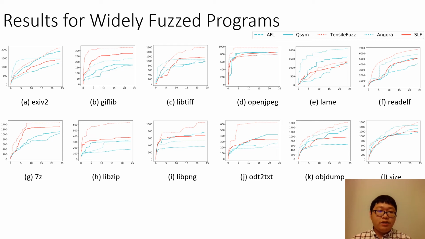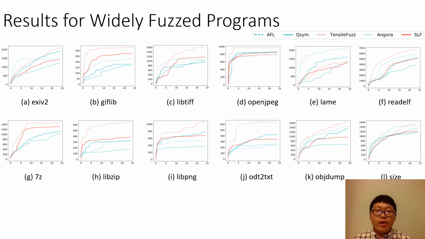From these results, we can make the following observation. First, AFL does not work well without valid seed inputs in most cases, because it gets stuck in finding the first valid input and cannot proceed. QSIM achieves reasonable performance, but still does not work as well as TensileFuzz, since it does not explicitly model constraints related to input growth.